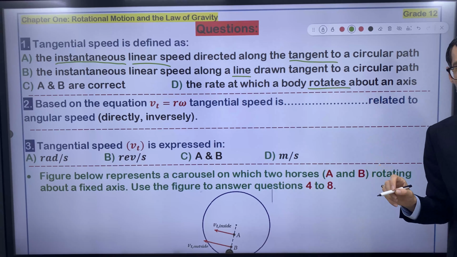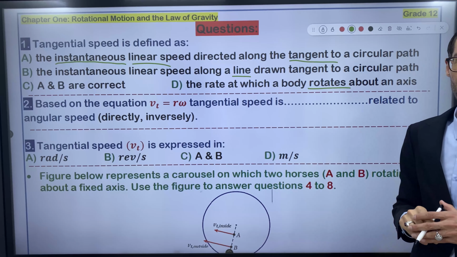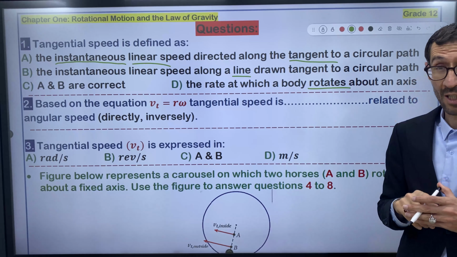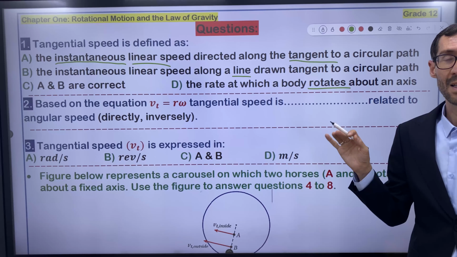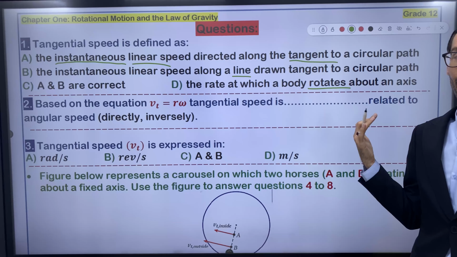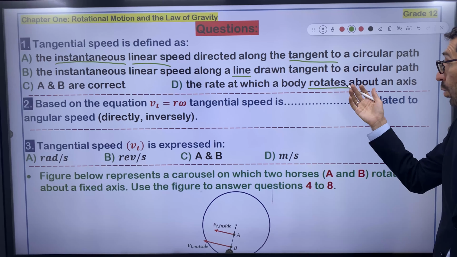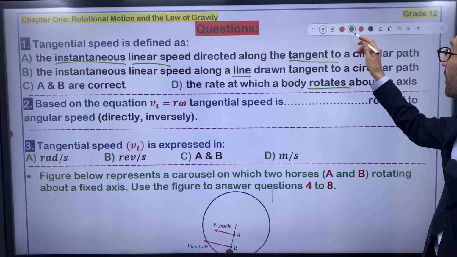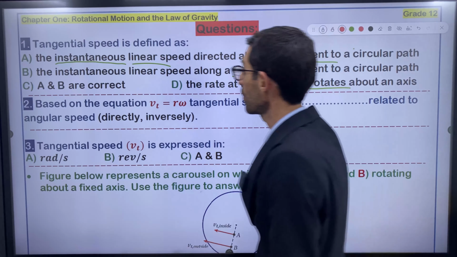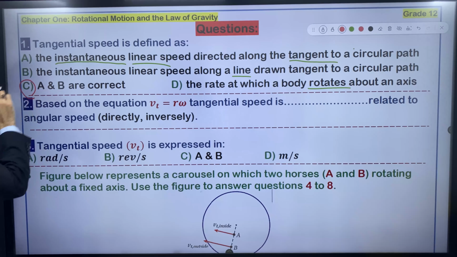Did we talk about rotation in tangential speed? No, actually. Tangential speed does not have to do with rotation. That's why we don't accept it, and we circle the right option, which is C, right?